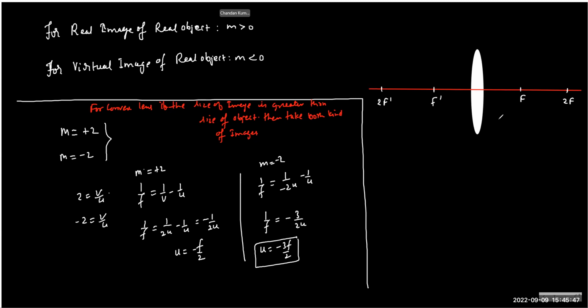So imagine a light ray is coming this way. Let's say the object is here.